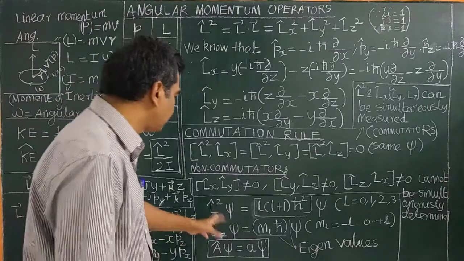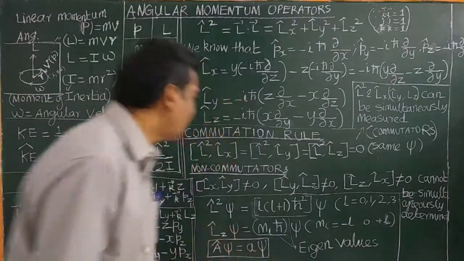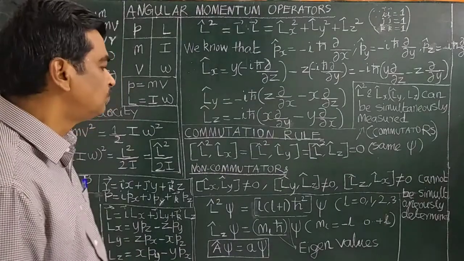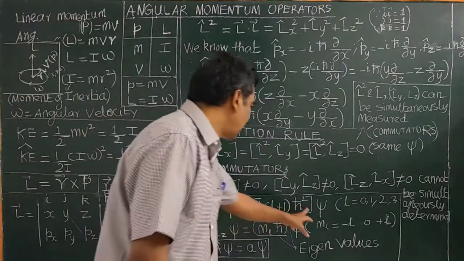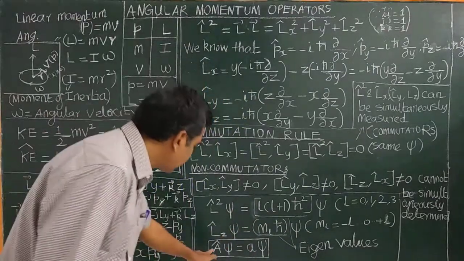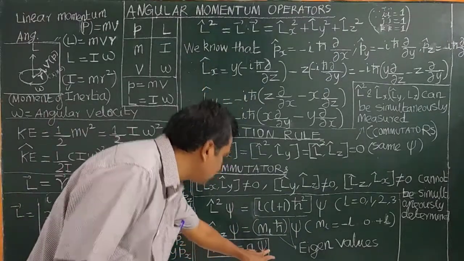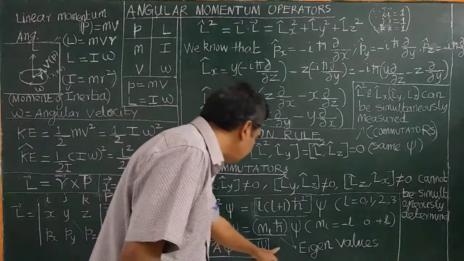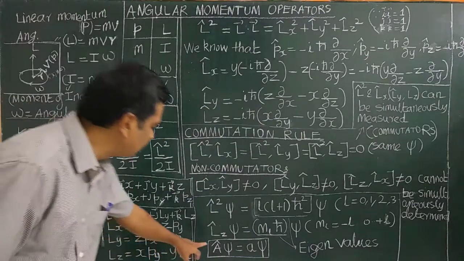Now let us apply the eigenvalue equation and obtain the angular momentum eigenvalues for L squared and Lz. A cap psi equals a psi according to the postulates. This is nothing but the eigenvalue equation.